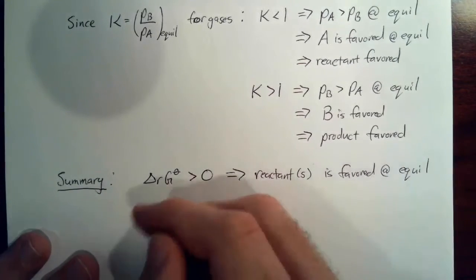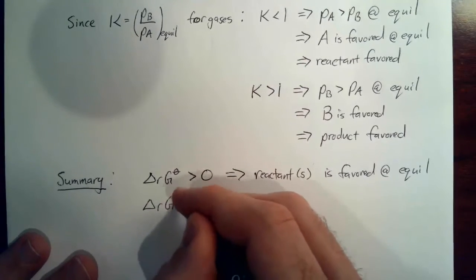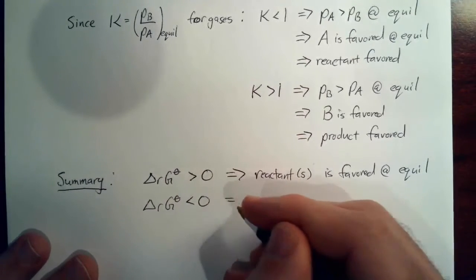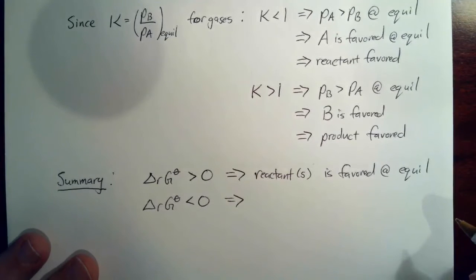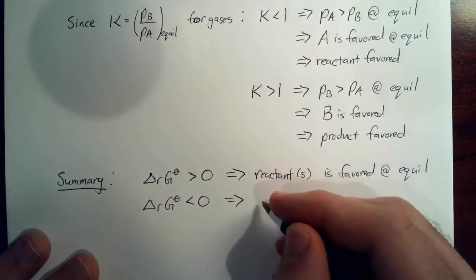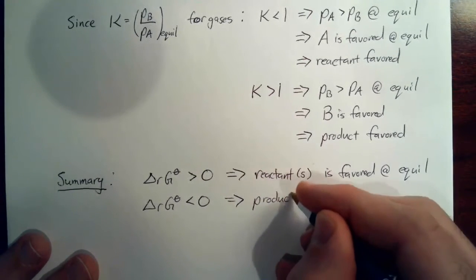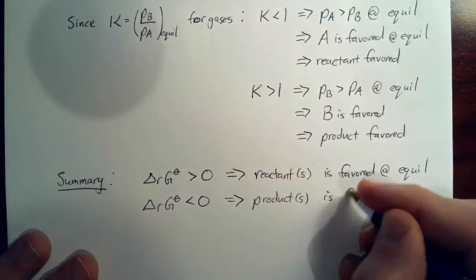And if the Gibbs energy of reaction is negative, then K is greater than 1, which means that the product is favored.